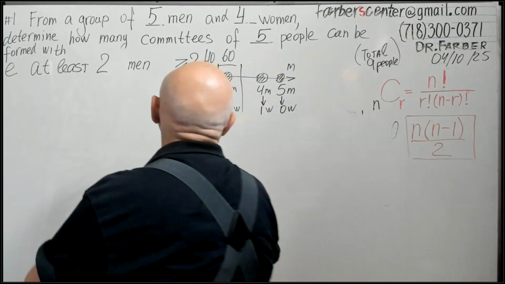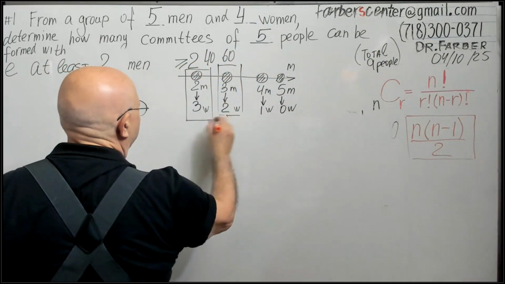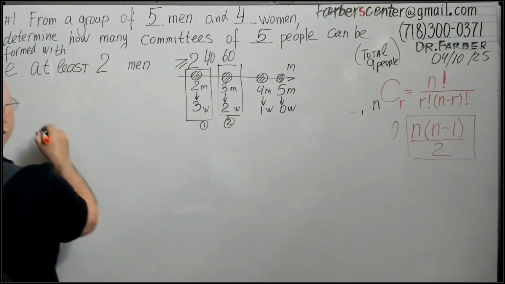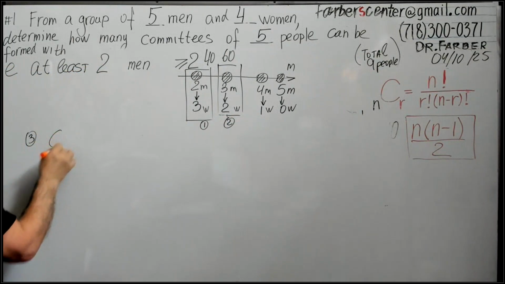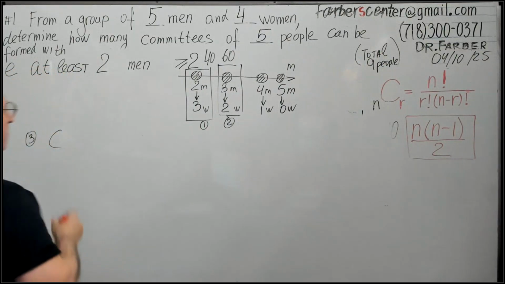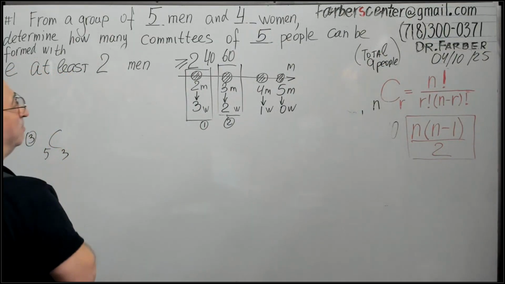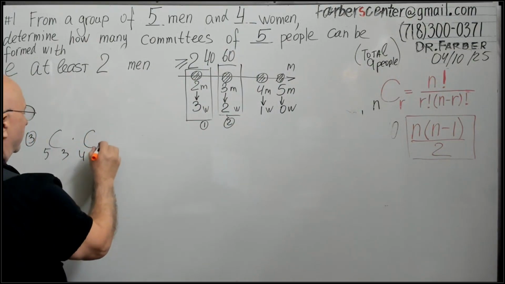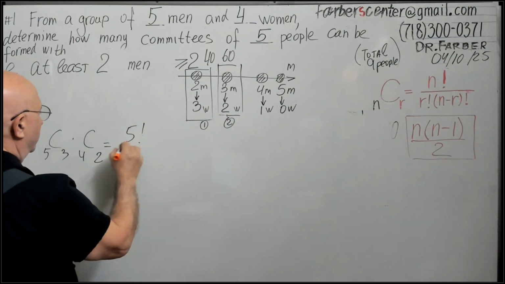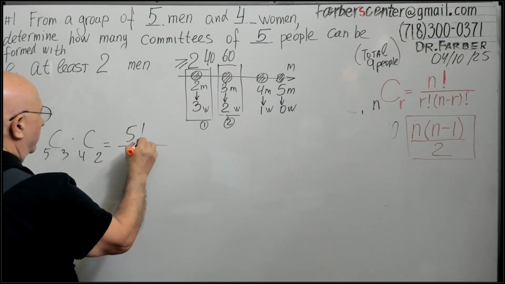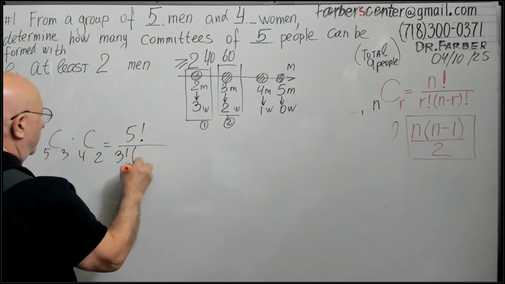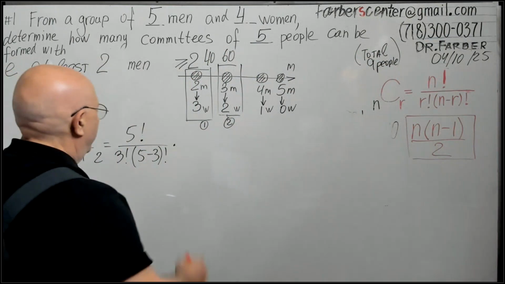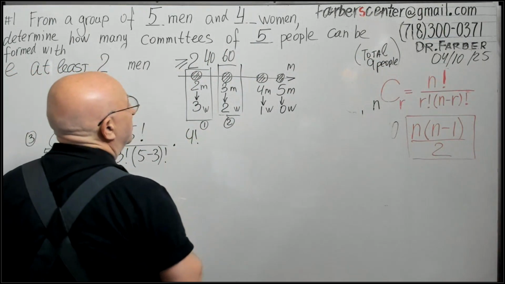Next, case 3. It was 1. This is 2. Next 3. Case 3. I supposed to have C of 5 choose 3, multiply C of 4 choose 2, which is 5 factorial, divide by 3 factorial, by 5 minus 3 factorial, multiply by 4 factorial.